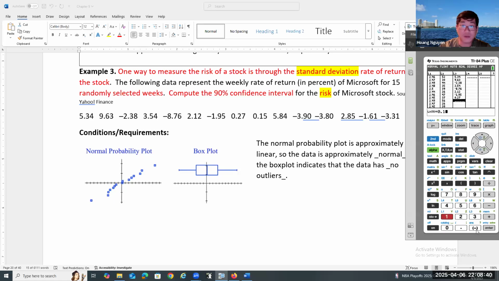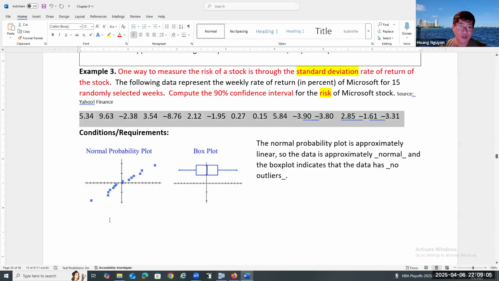And then 0.15. 5.84, negative 3.90, negative 3.80, 2.85, negative 1.61, and then negative 3.31. Okay, so make sure that we have 15 of them.